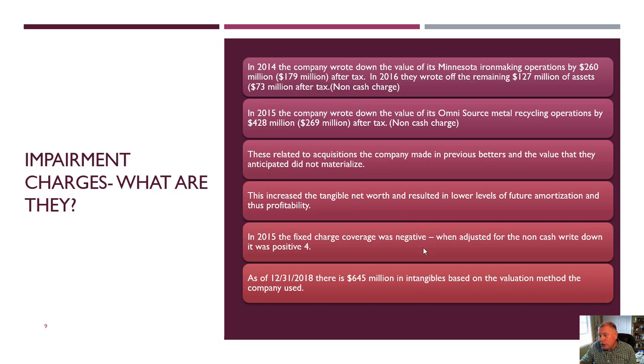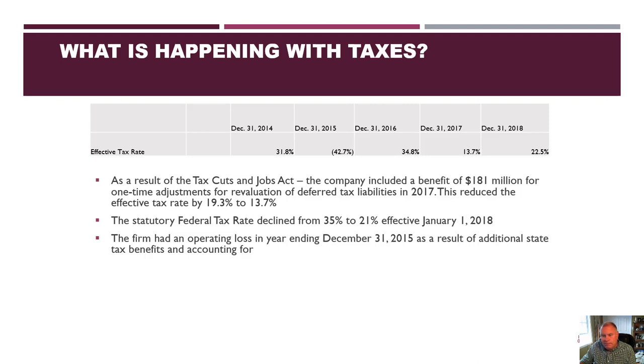The fixed charge coverage in 15 was negative. When we adjusted for the non-cash write-down, it was a positive 4. And as of right now, there is $645 million in intangibles based on the companies. So there we know what they are. These tend to all be one-time charges with no negative ramifications going forward.